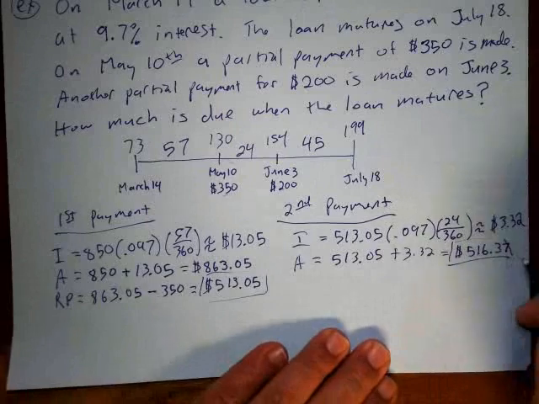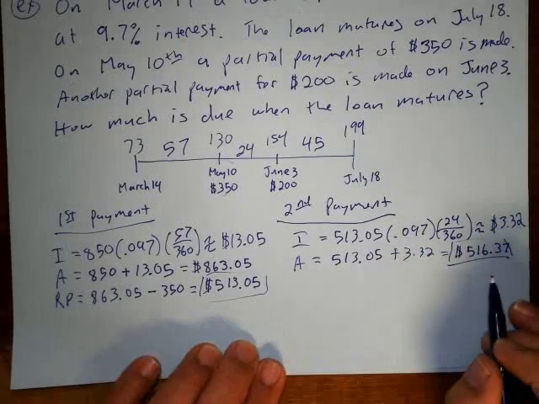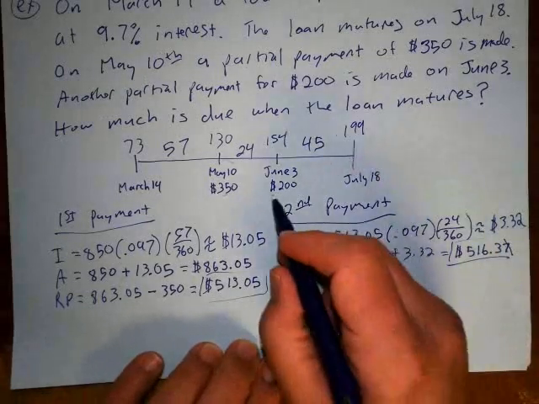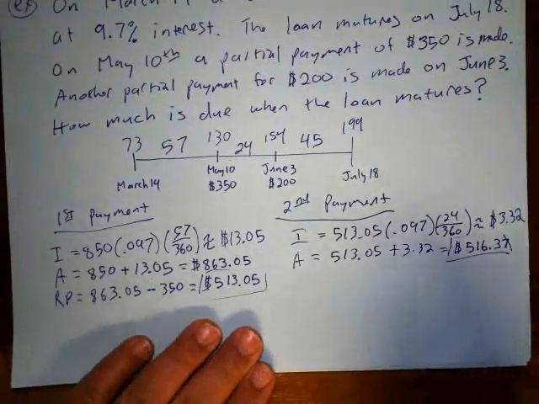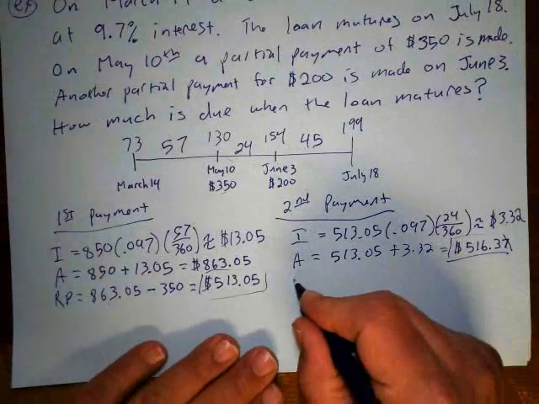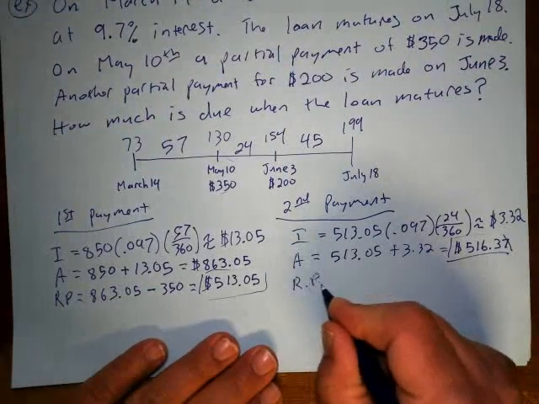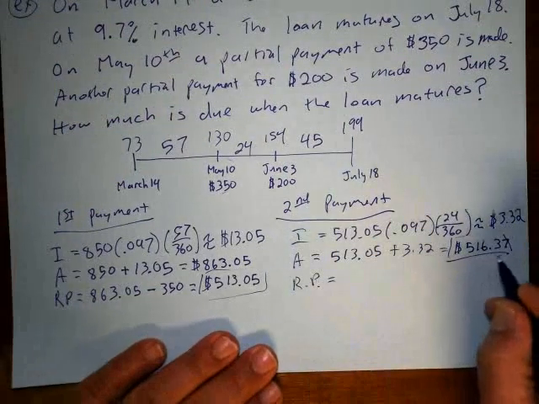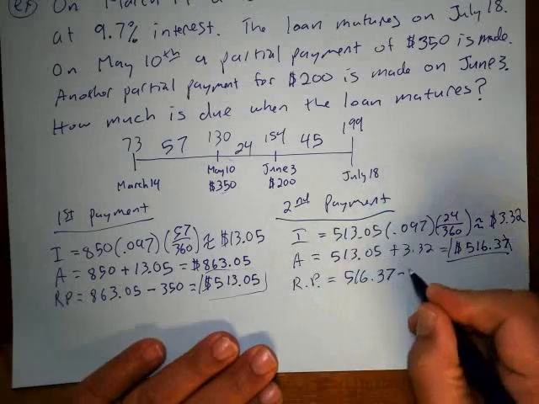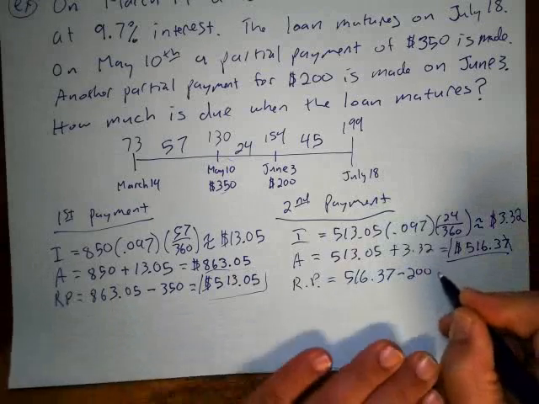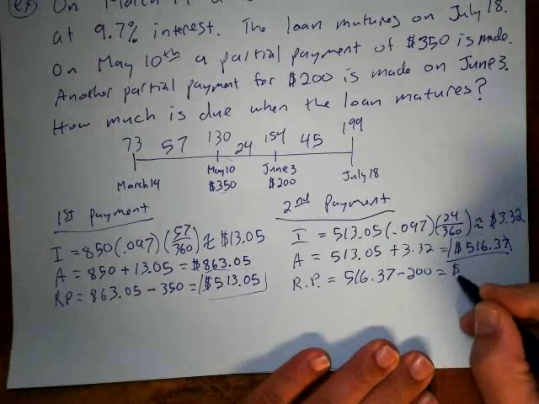Okay, so that is how much I owe on June 3rd, but then I make that $200 partial payment. So my remaining principal will be this amount that I owe minus the $200 partial payment. I can probably do that in my head.